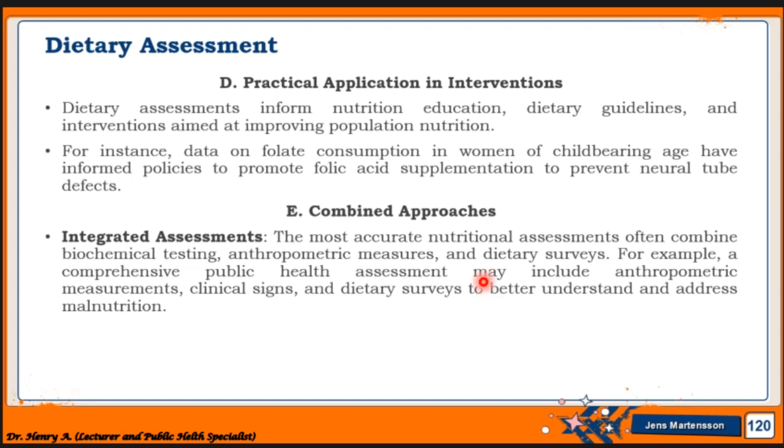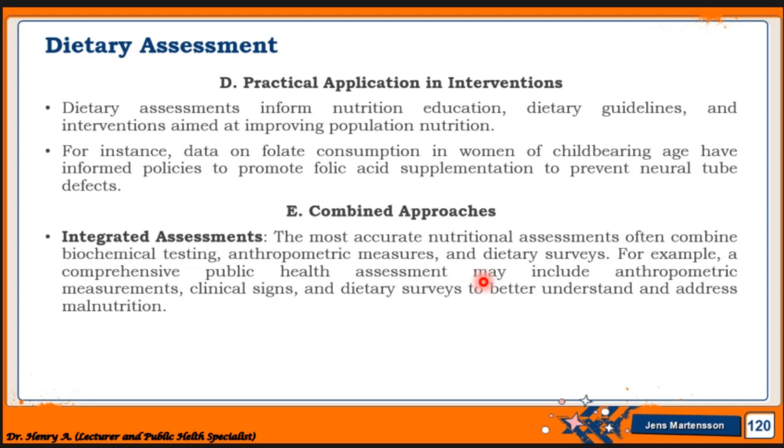Now, dietary assessment informs nutritional education. So with what you have obtained, you can educate people, can educate children, can educate the population. It can also provide you with dietary guidelines and also interventions aimed at improving population nutrition. For instance, data on folate consumption in women of childbearing age have informed policies to promote folic acid supplementation to prevent neural tube defects.